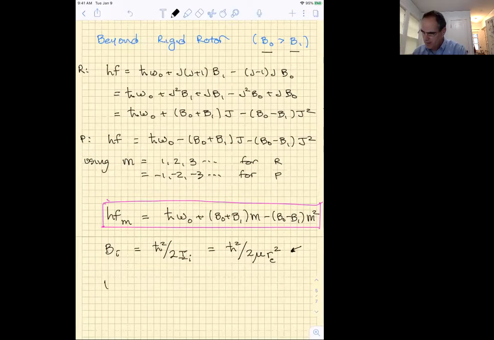And then omega naught would be equal to the square root of the molecular spring constant, that's a funny term, divided by the reduced mass of the molecule. Okay? Where for a diatomic molecule, the reduced mass is equal to the product of the masses divided by the sum of the masses.